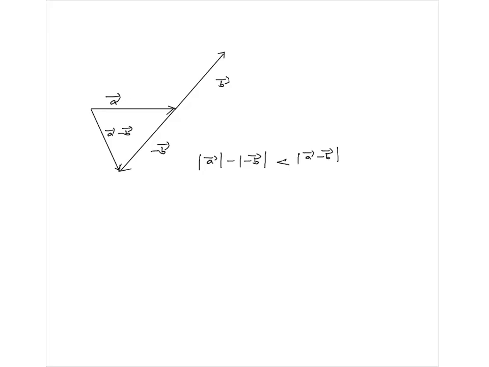So let me put a mod, or you understand it this way, that you will subtract the smaller from the larger, whatever way you understand. And also, a vector and its negative are not different magnitude-wise. They are only different direction-wise.